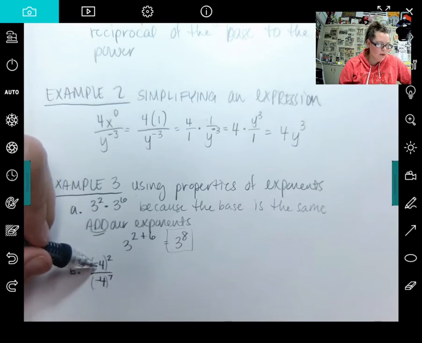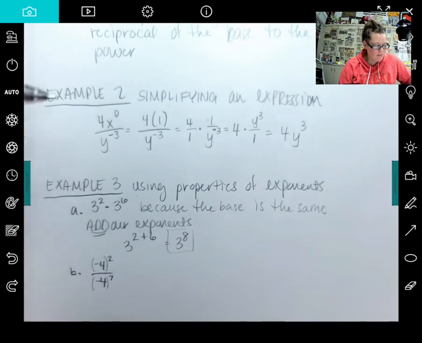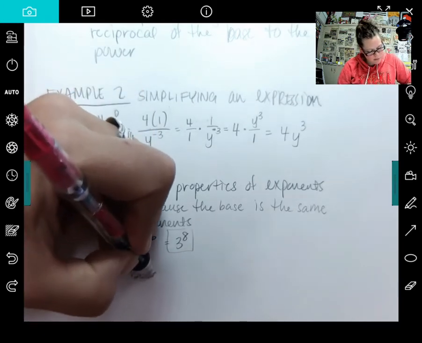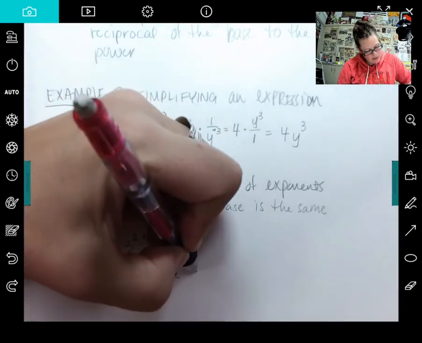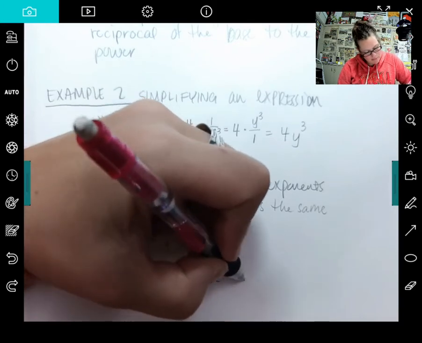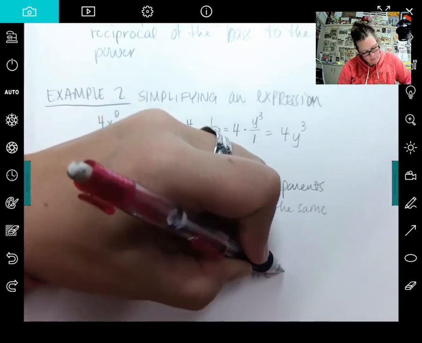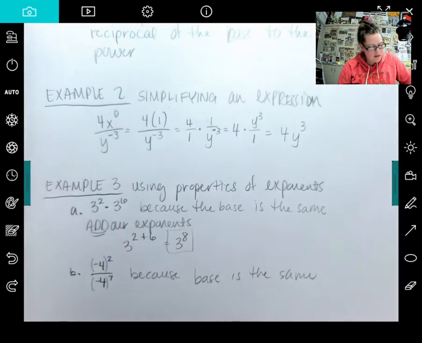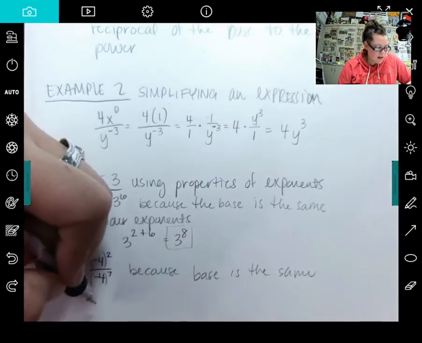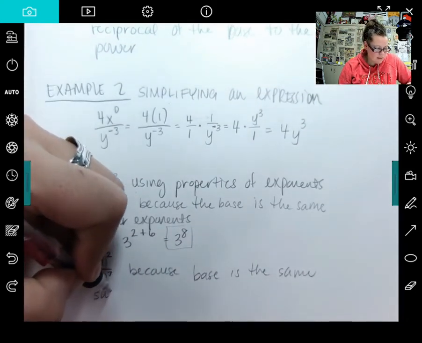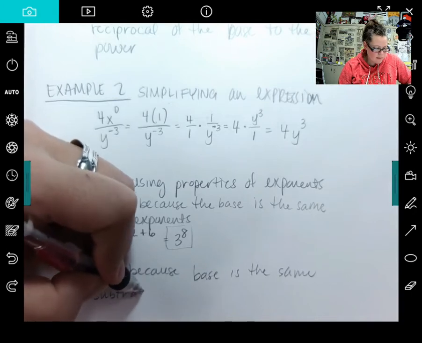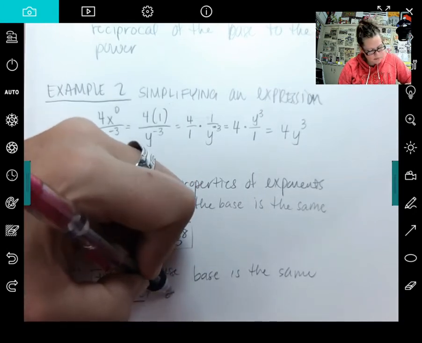The quotient property of the exponent says because our base is the same, we subtract our exponents.